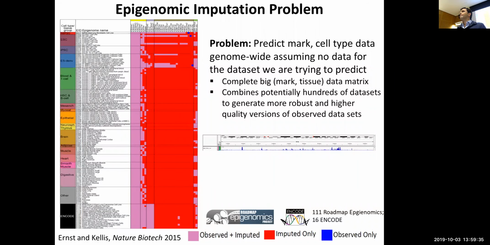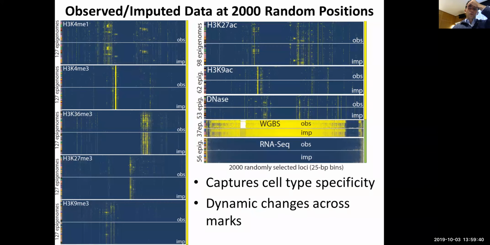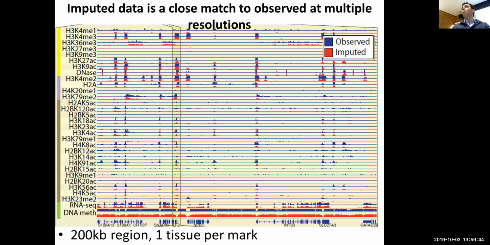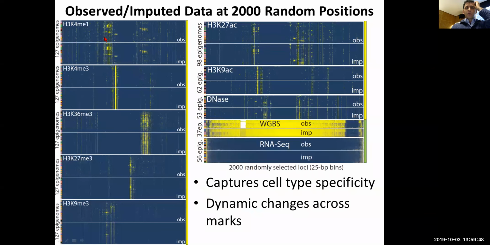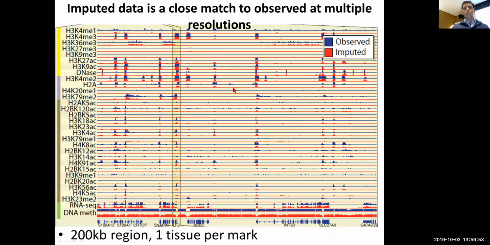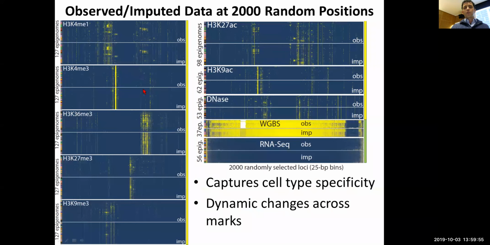There were some more hands? Okay. All right. So then the question is, how well are we doing? The first thing is we can compare to observed data, and we match observed data, which is great. The second is that we can look at not just one location at different resolutions, but thousands of locations across the genome.